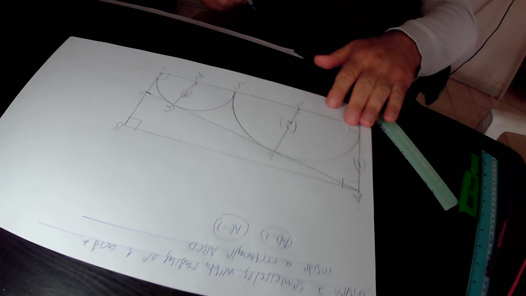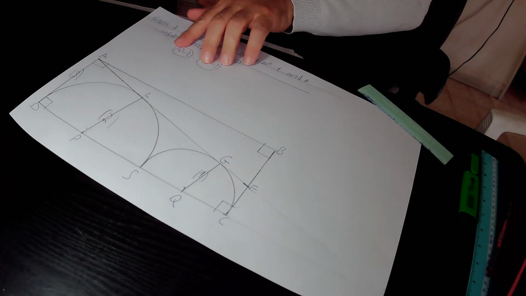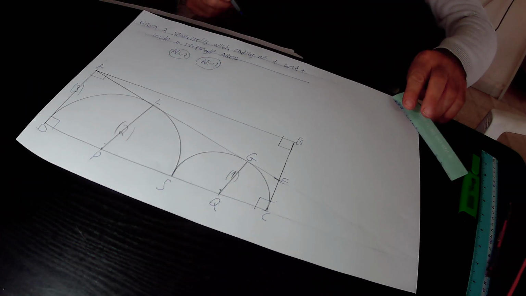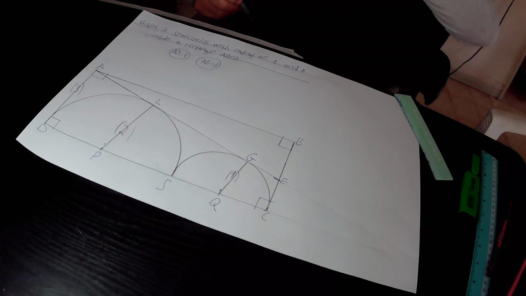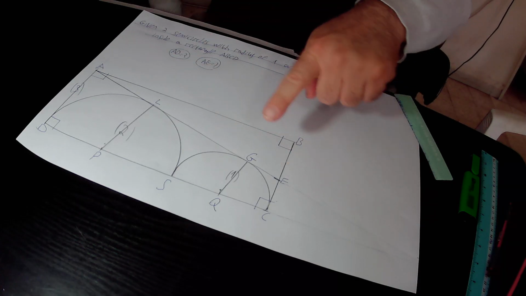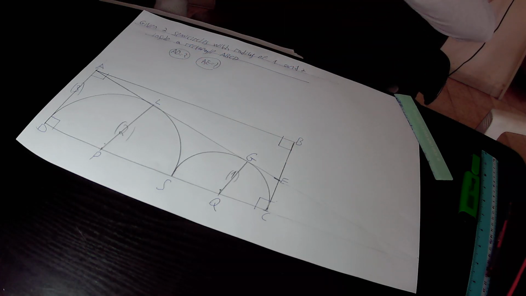In the next step, we will do a construction. That is to say, we'll extend line segment AE and side DC of this rectangle by a side line until they touch each other.